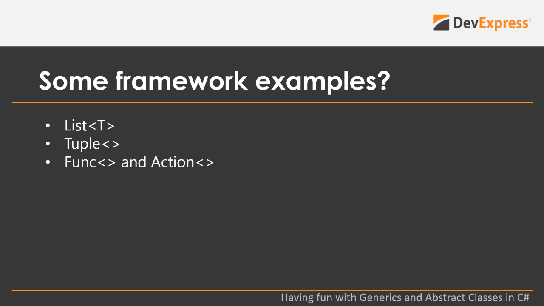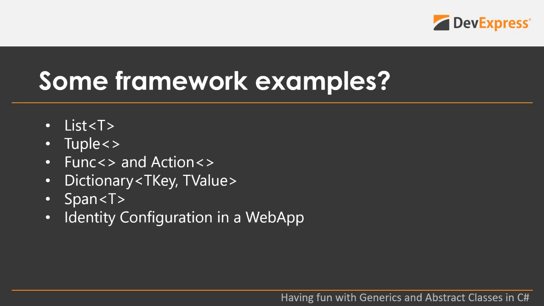A Func and an Action, I'll actually touch this a bit later. A Dictionary is a perfect example of it as well. And new in .NET is Span of T for memory consuming things. And to give you an example, the Identity configuration or the Entity Framework configuration in a regular application uses generics as well.